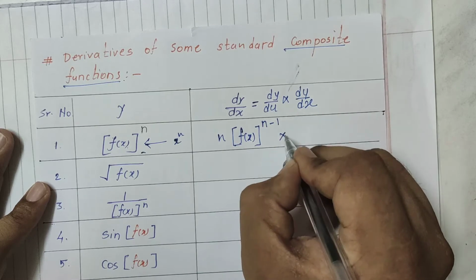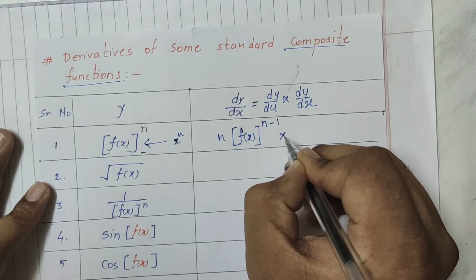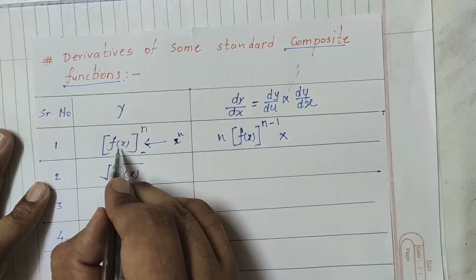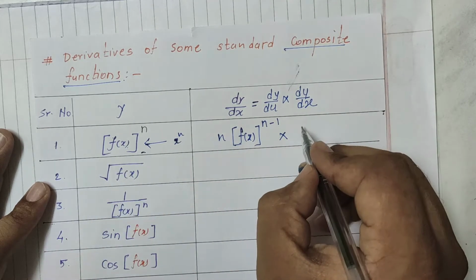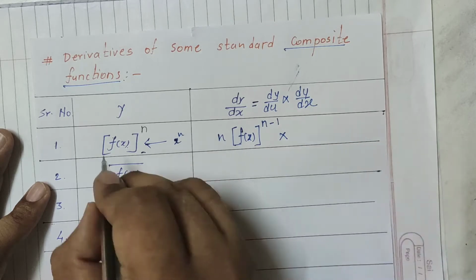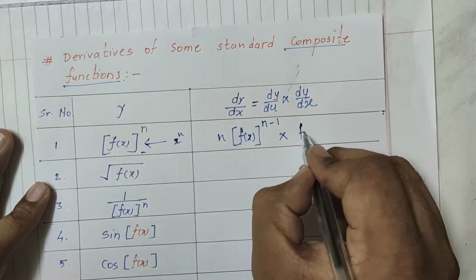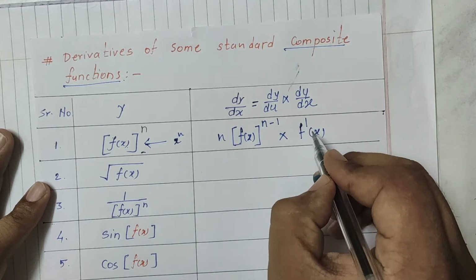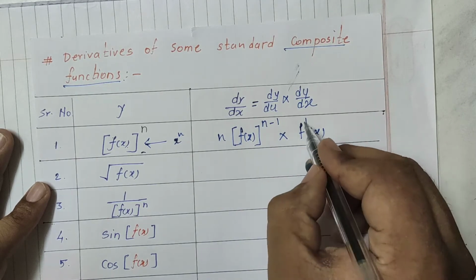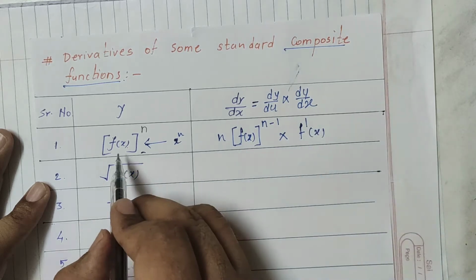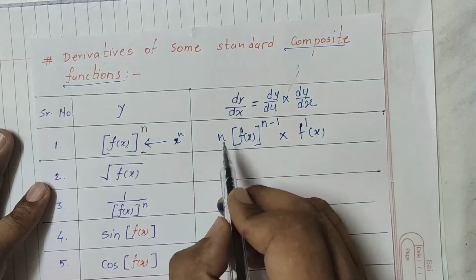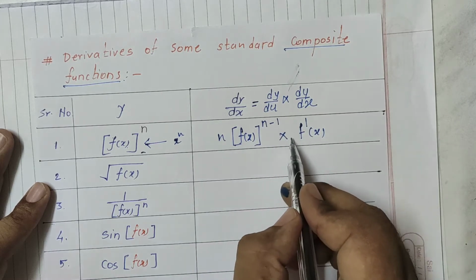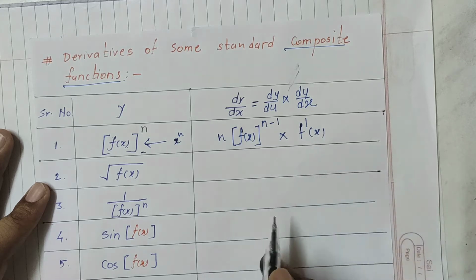Then multiply by the derivative of u, where u means here f of x. So we multiply by f dash of x. Note that f dash also means derivative. So the derivative of f of x raised to n is n into f of x raised to n minus 1, multiplied by f dash of x.